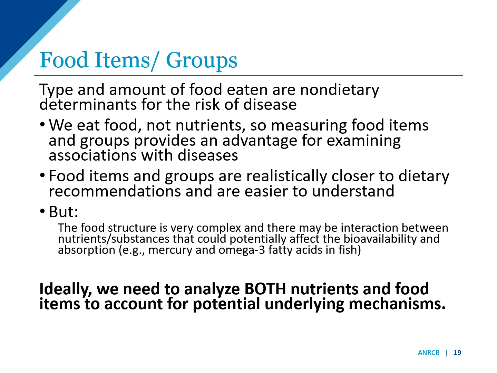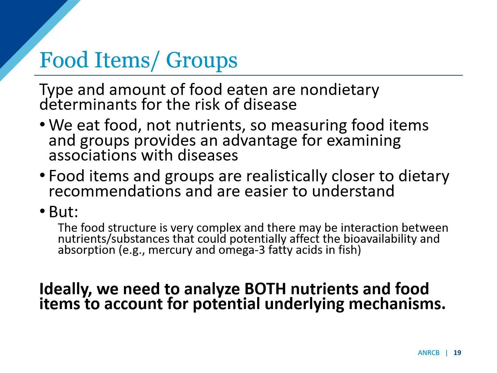Measuring food items in groups. The type and amount of food eaten are determinants for the risk of disease. We eat food, not nutrients, so measuring food items in groups does provide an advantage for looking at associations between food groups and diseases.